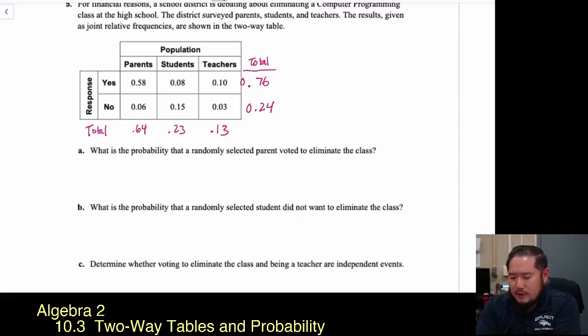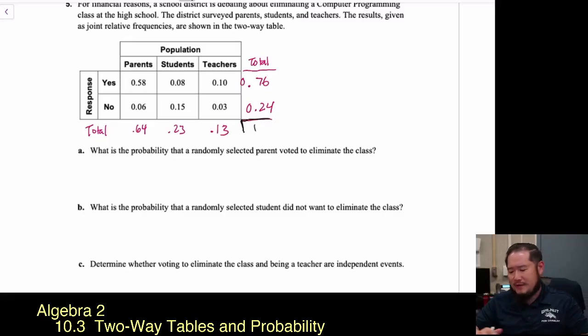All right, so if we think about it, everything in this magical bottom right corner is supposed to equal 1. And 0.76 plus 0.24 equals 1. We take 0.64 plus 0.23 plus 0.13. All of that together equals 1 as well.